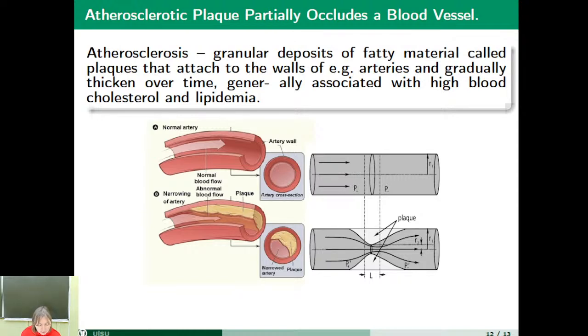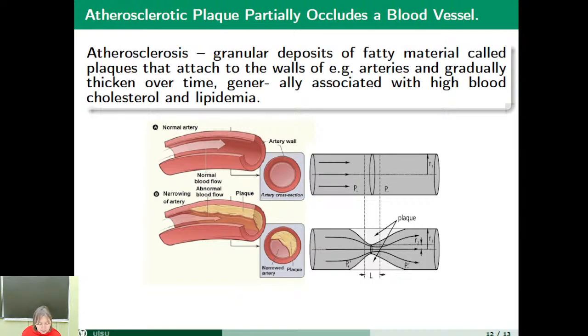Since the Reynolds number for blood flowing in primary arteries is normally around 1000 to 2000, increasing V by a factor of 10 increases the Reynolds number by a factor of 10, causing the flow to become turbulent in the obstruction.